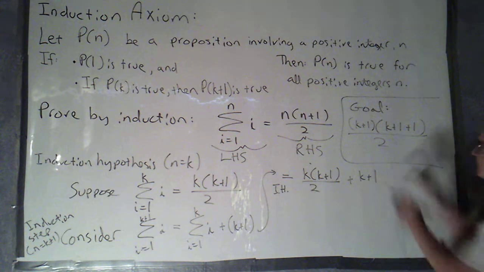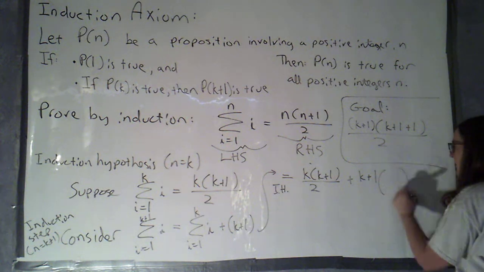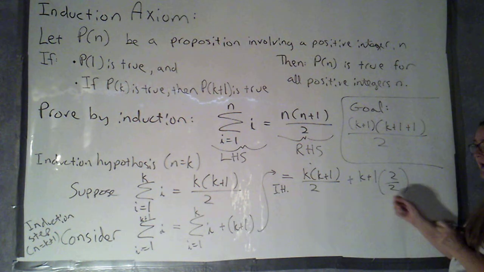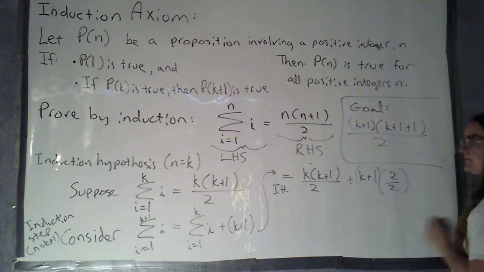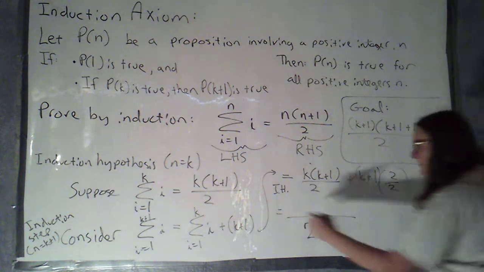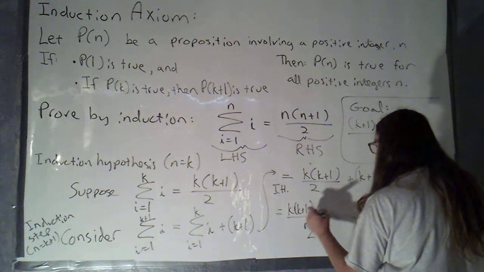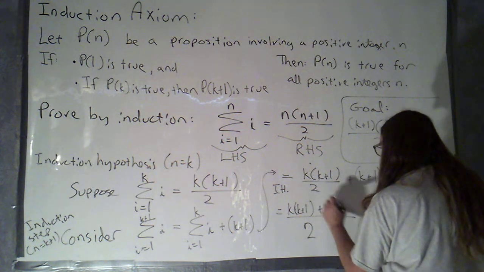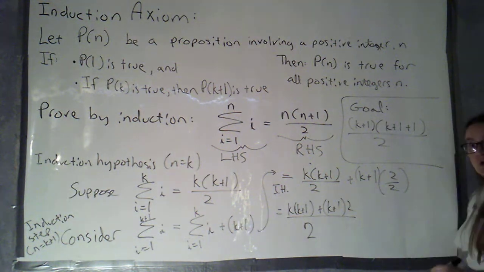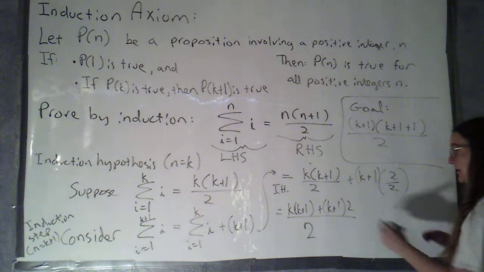And now, keeping in mind that this is my goal, I want to have a single fraction with 2 in the denominator. So let's just multiply this by 1 in the form of 2 halves. So I'm going to have a single fraction with 2 in the denominator. And we'll have k times k plus 1, plus k plus 1 times 2. I'm going to go ahead and factor out that k plus 1.